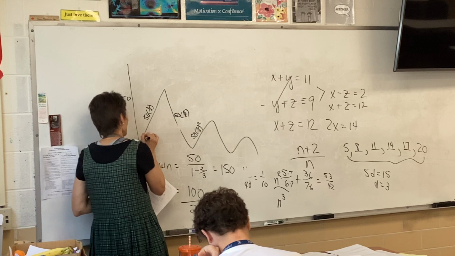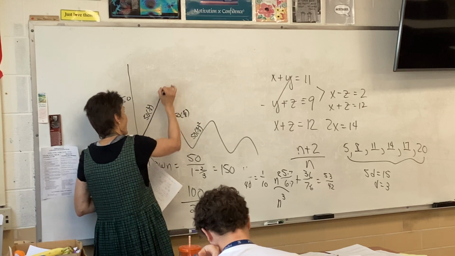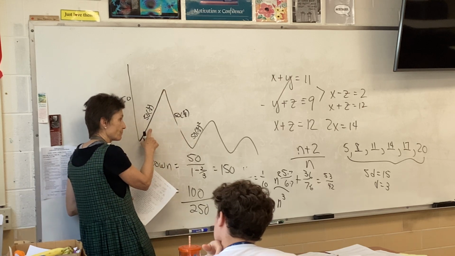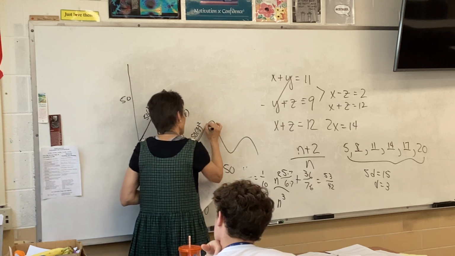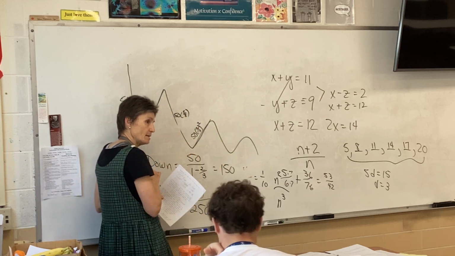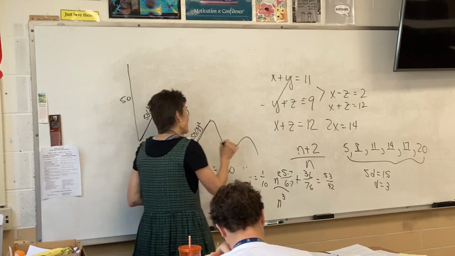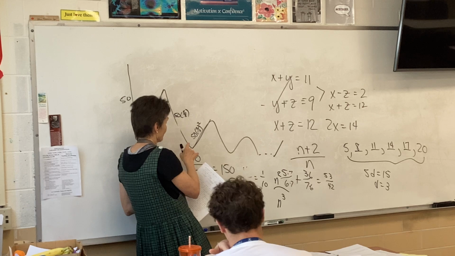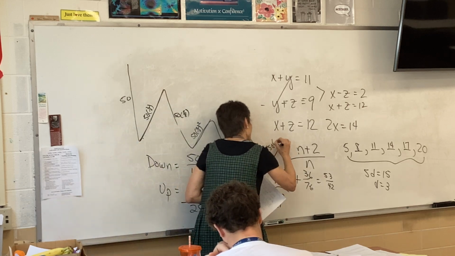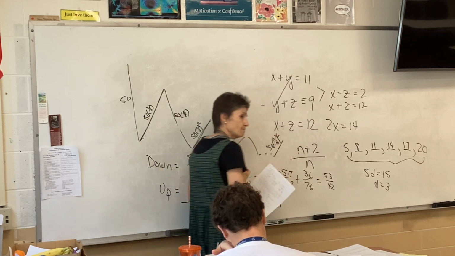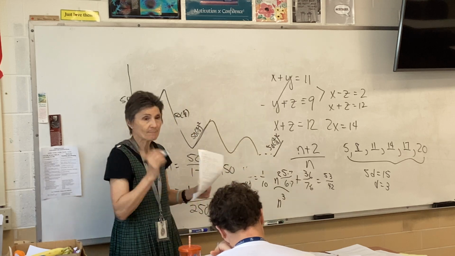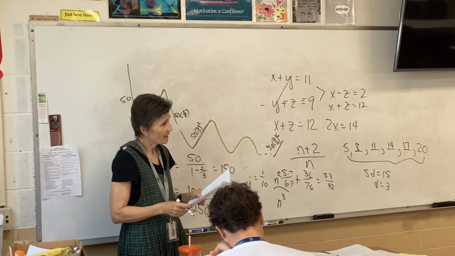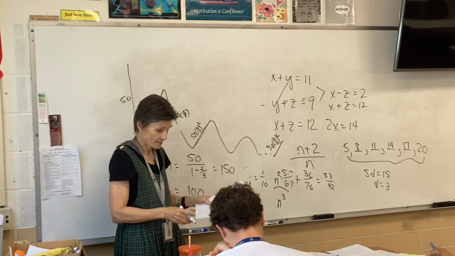Well, this is how high it goes after it hits the first time. This is how high it goes after it hits the 2nd time. So what do you think it's going to be after it hits the 6th time? 50 times 2/3 to the 6th. And you'll just type that in, and whatever decimal that is, that's how high it goes after it hits the 6th time.